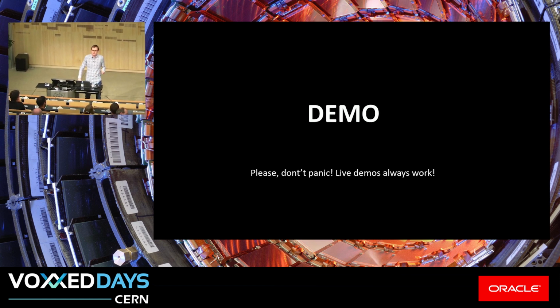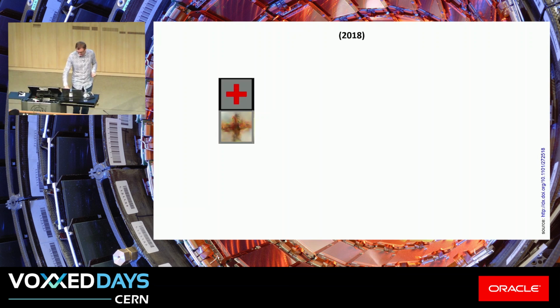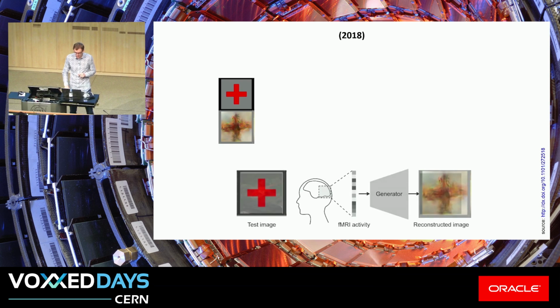So, artificial intelligence did the job. It was the human factor that failed, you know. Okay. Does anyone know what this is? Have you seen this? No? The top cross is what the person is looking at, and the cross below is what the machine generated by analyzing their brain activity.